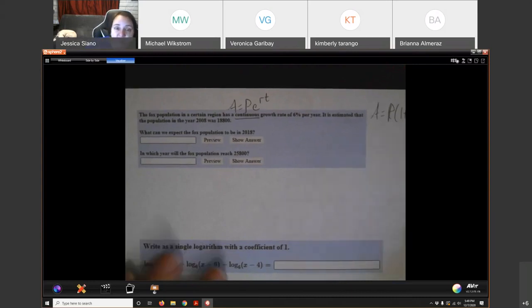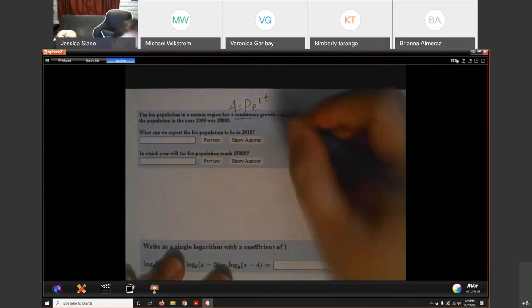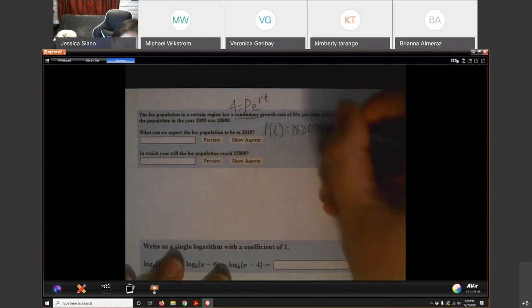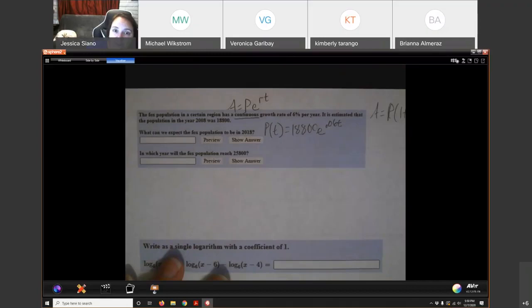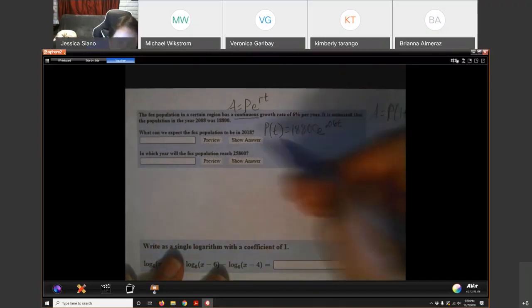A fox population in a certain region has a continuous growth rate of 6% per year. It is estimated that the population in 2008 was 18,800. So then we would say that the population is 18,800 e to the 0.06t. And so in 2018, that would be 10 years later.